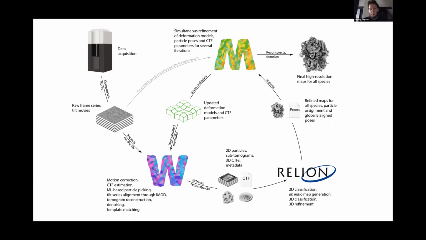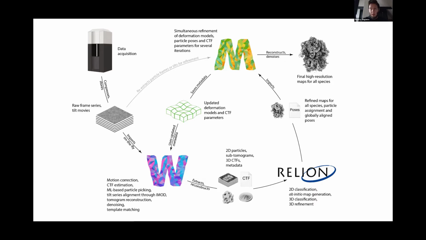It can also do this with as many different particle classes as you want, or as many as you can fit into memory. And then M produces either the final reconstruction, or you can reuse those refined alignments to go back into Warp. It uses the same data model, and especially in case of tomograms, using those improved tilt series alignments, you can probably do more with some more difficult particles in there that are not ribosomes.